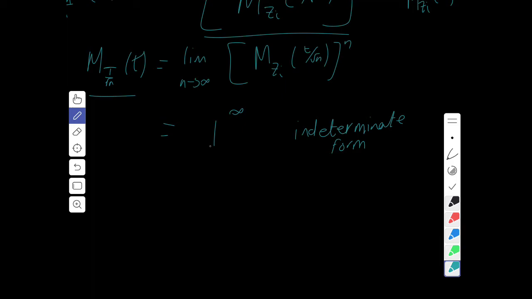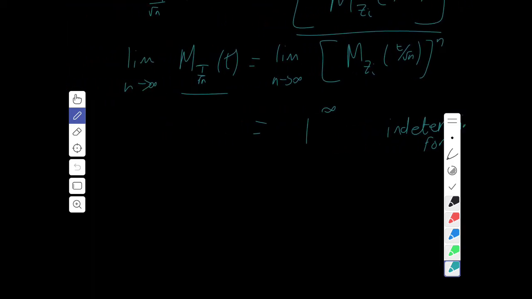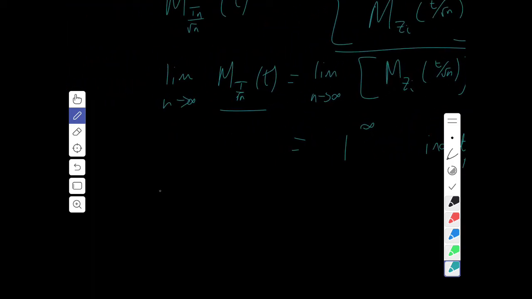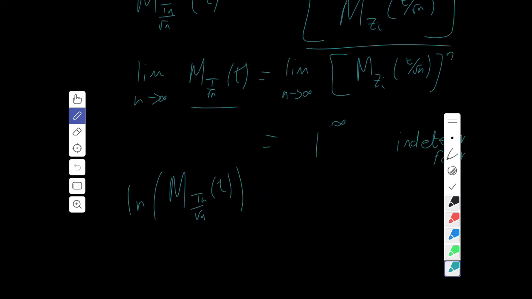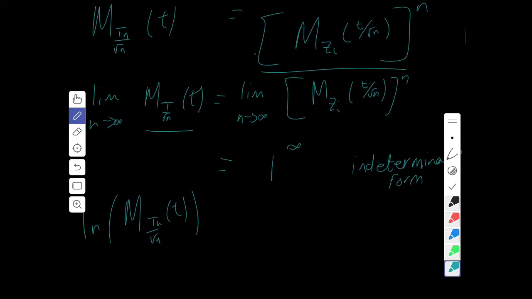We can't really do anything with it at the moment, but if we take the natural log of the limit expression, that's the same thing as taking the natural log of this thing. And if you take the natural log of something to a power, that power comes out: n times the natural log of the moment generating function of Zi over t root n.